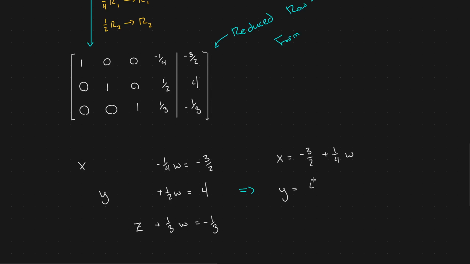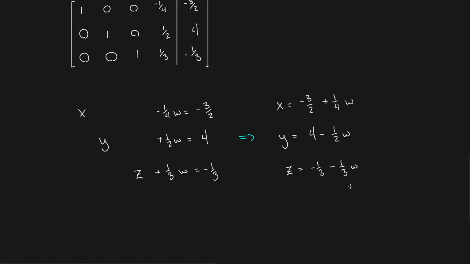Y equals 4 minus 1/2 W. Z equals -1/3 minus 1/3 W. Okay, so if we let W be our free variable, W equal to some free variable T, then plug in, I have X equals -3/2 plus 1/4 T. I have Y equals 4 minus 1/2 T. And I have Z equals -1/3 minus 1/3 T.